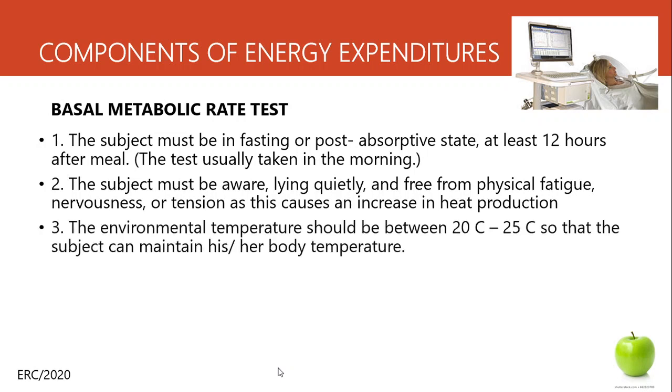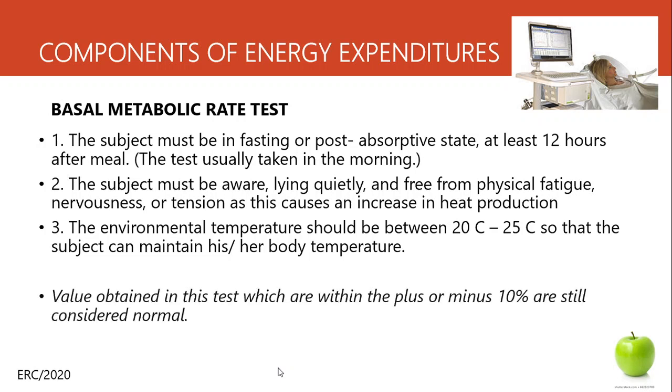Number three, the environment temperature should be between 20 and 25 degrees Celsius so that the subject can maintain his or her body temperature. The values obtained in this test which are within plus or minus 10% are still considered normal.